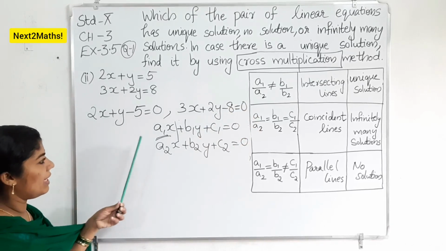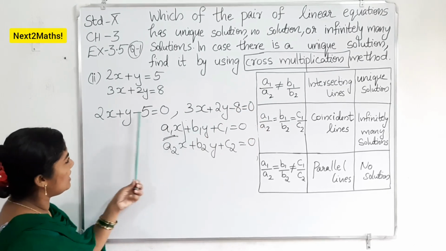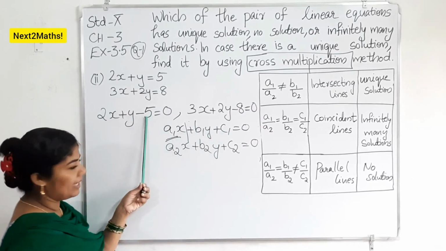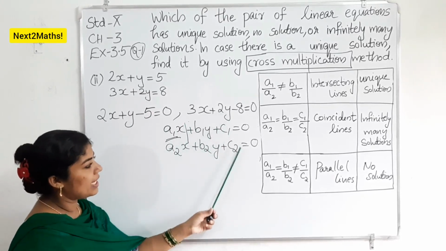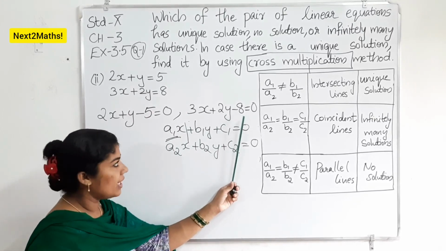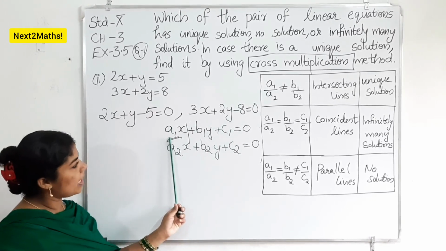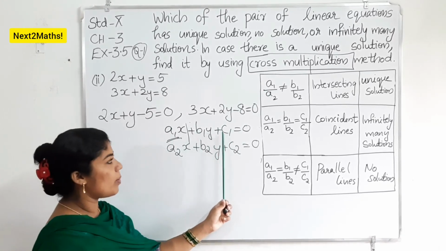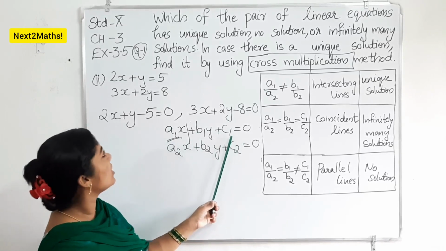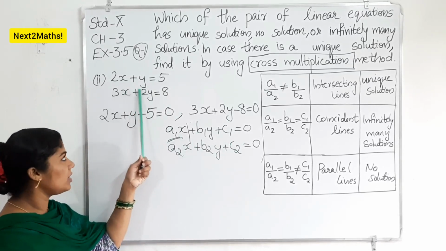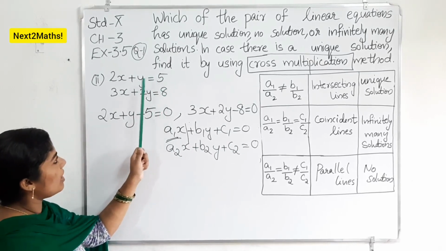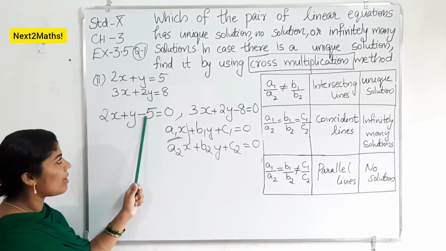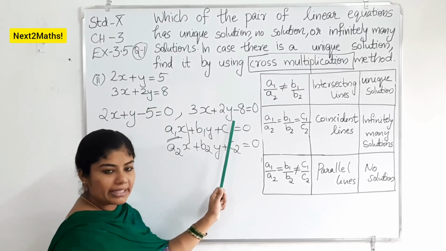Now you can compare: a1 is 2, b1 is 1, c1 is minus 5, and a2 is 3, b2 is 2 and c2 is minus 8. So just by comparing with the general form of a pair of linear equations, we are rewriting our equations. Here 5 and 8 on the RHS side, we are moving to the LHS side as minus 5 and minus 8.